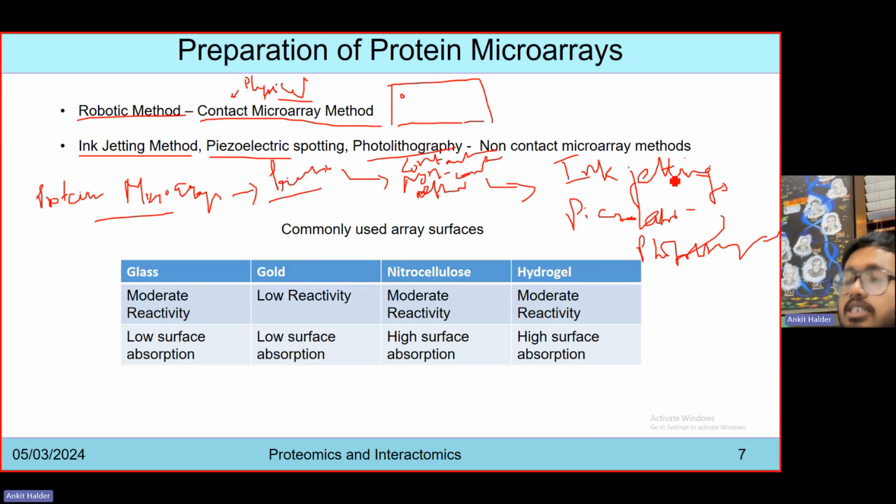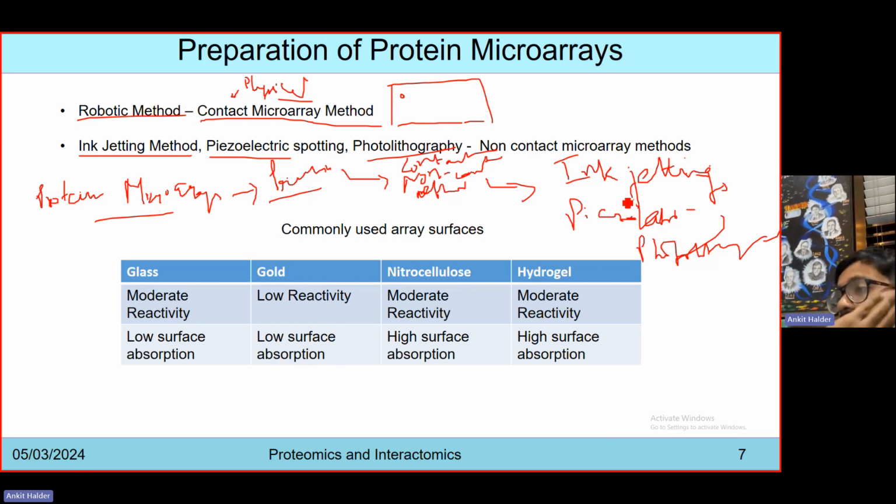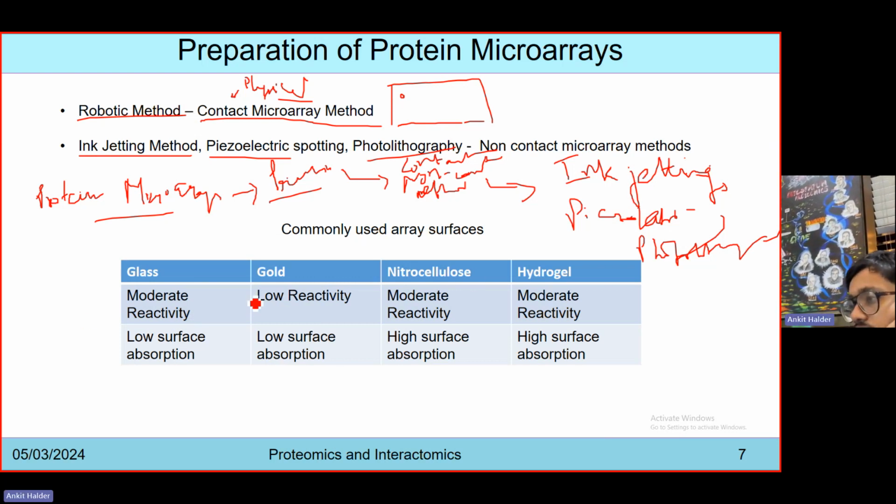Now, what are the commonly used array surfaces? That also plays a role in the absorption of the lysates.